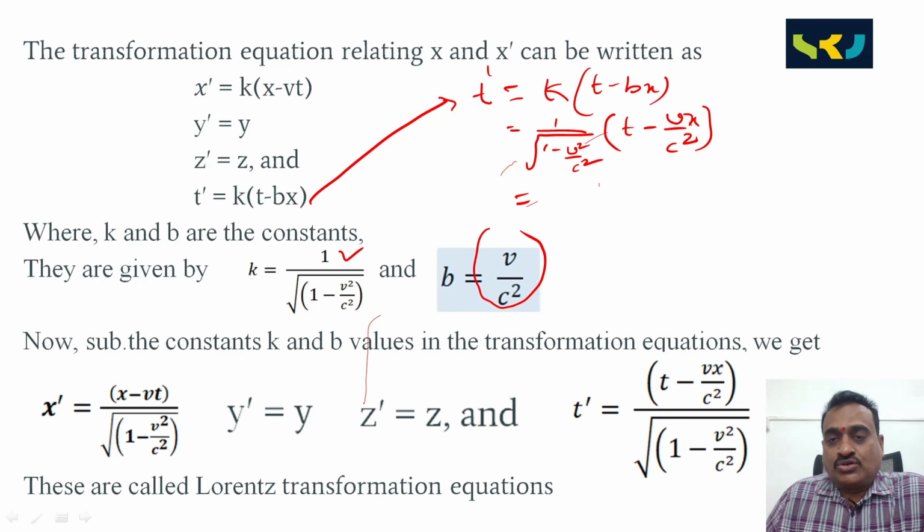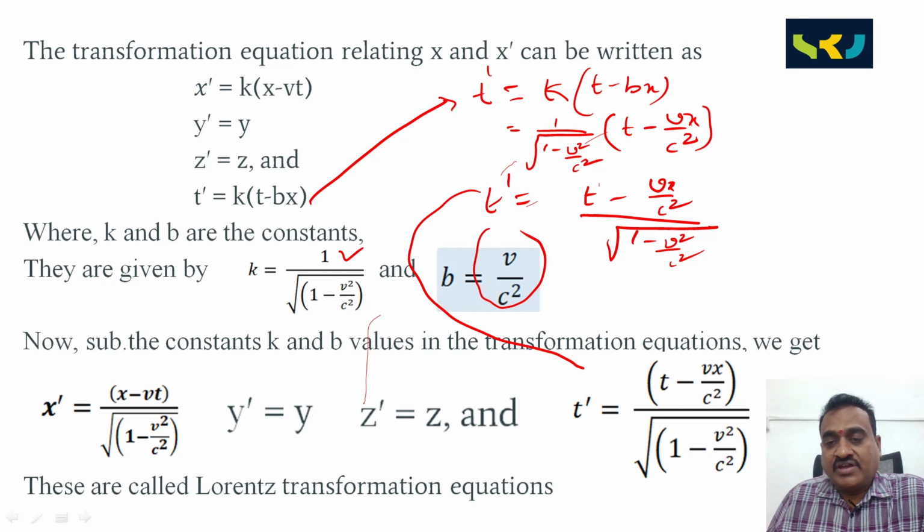So, t dash is equal to t minus vx by c square all divided by root of 1 minus v square by c square. So, this is the t dash equation.